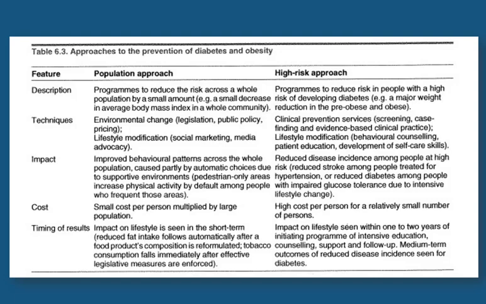With the high-risk approach, you'd be looking at individuals that maybe came to their primary care providers for their follow-up, and they were identified as having high A1C and or BMI. That would be an approach that could target those individuals, whereas a population approach, applying something to everybody, may or may not be that effective. For example, social marketing, public policy, pricing.